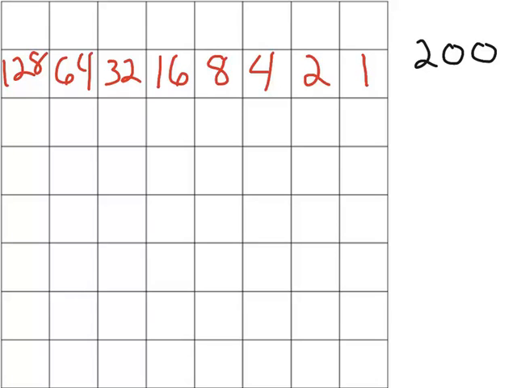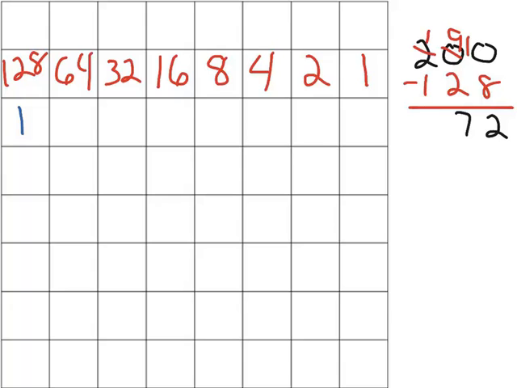And so I say 128 is the closest number that comes up to 200 without going over it. And we subtract 128 from the 200. And I'm going to be left with, let's see, we got to do our borrowings. And that gets me a 72.